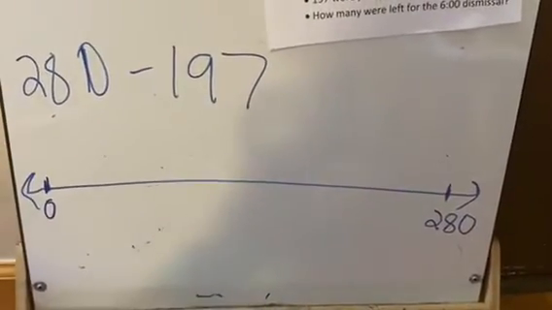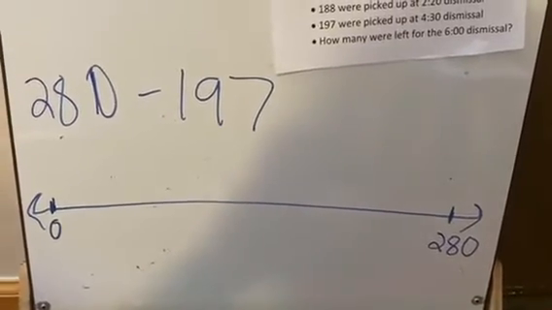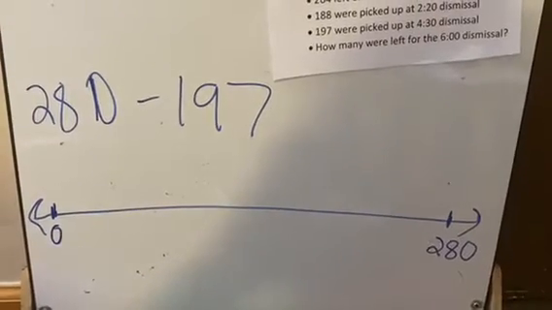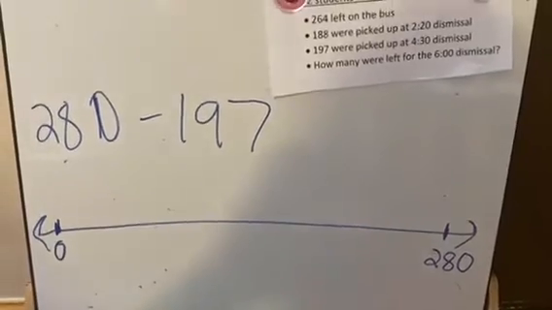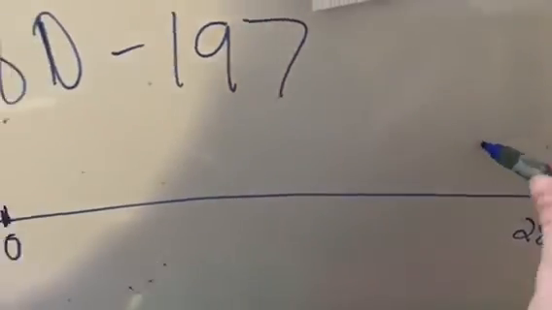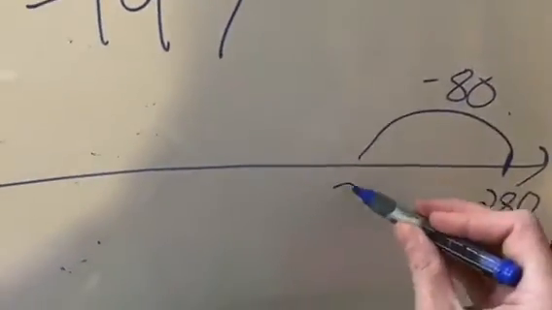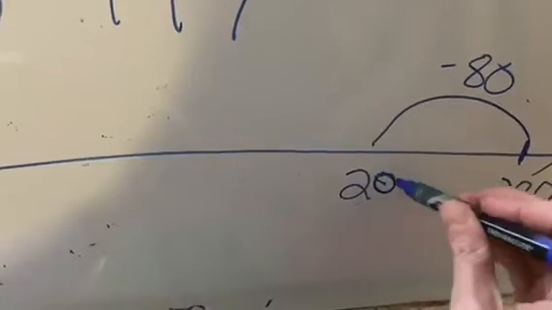The reason that open number lines are so awesome is because they are super flexible. Students can take whatever jumps they want to start out with. So I'm actually going to start out by taking a jump of 80. I'm going to subtract 80 away from that 280. So that leaves me with 200.